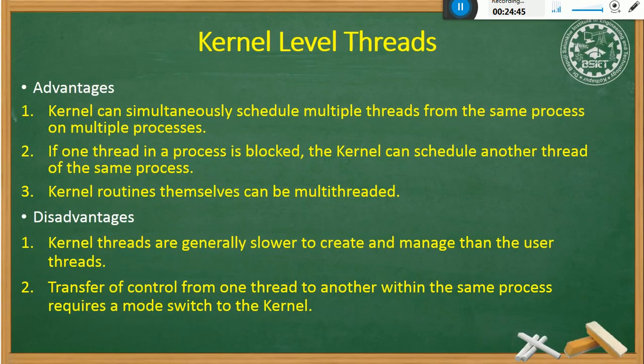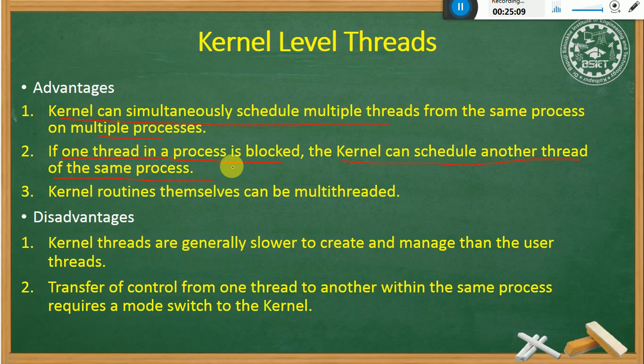So what are the advantages of kernel thread? The kernel can smoothly schedule multiple threads for the same process or multiple processes. So there is smooth conduct of thread scheduling by the kernel. Second advantage, if one thread in a process is blocked, then the kernel can schedule another thread of the same process.